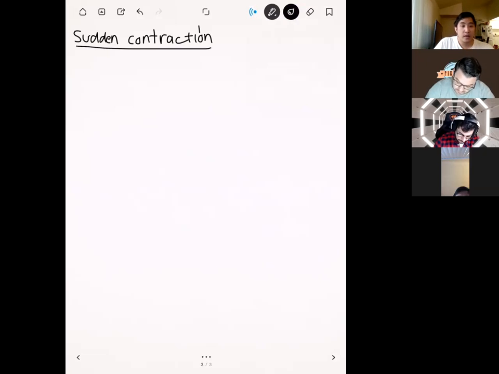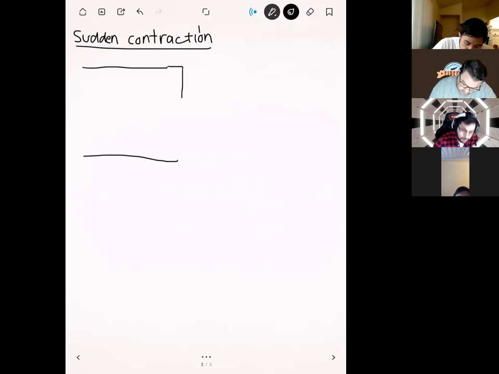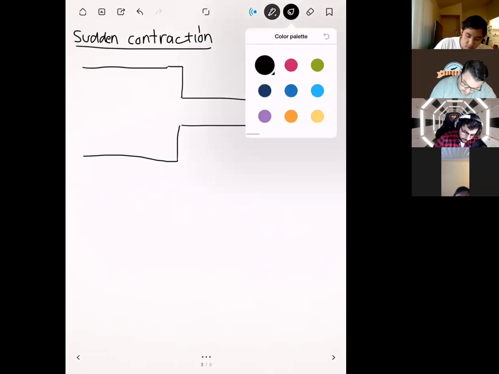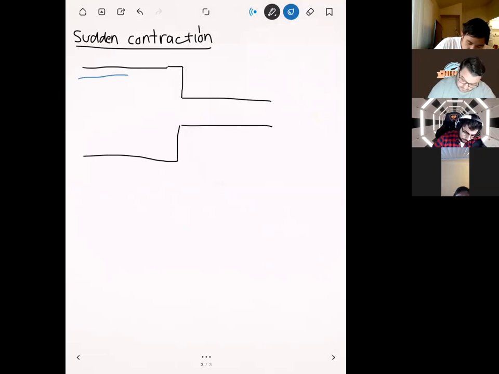Okay. And so when I say a sudden contraction, what I mean is that the flow goes from a pipe with a large area, and then all of a sudden it contracts into a smaller area. And so the flow of fluid goes like this.